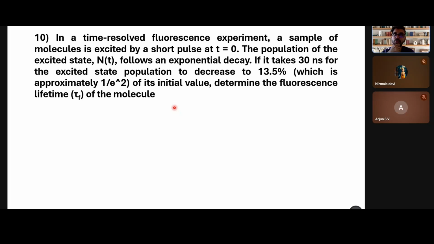You can see the question on the screen, I presume. You are given a bunch of parameters, where I have given n of t and how much n of t varies with respect to n naught after a certain period of time. Using that, you have to calculate the fluorescence lifetime of the molecule.